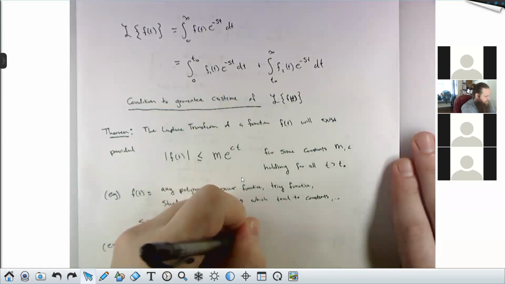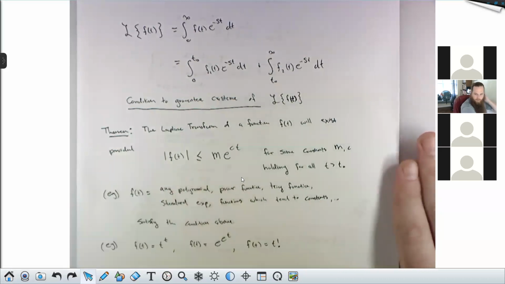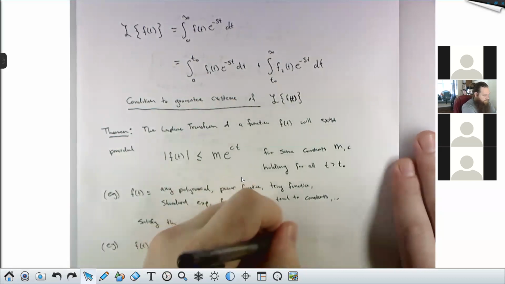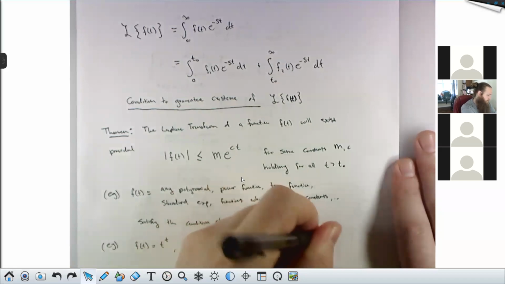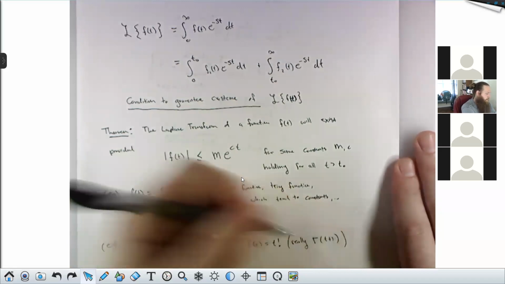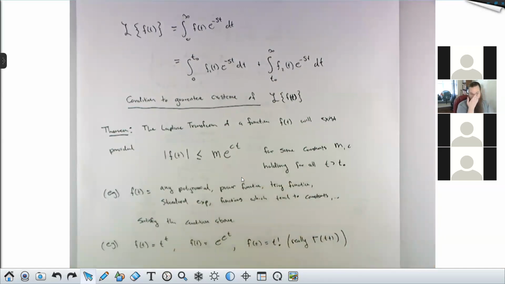Gamma of t, right? F of t equals, I'll just write it as t factorial, why not? Really what I mean here is gamma of t plus 1. These are functions that are not of exponential type. They all grow too fast. These grow so fast that the Laplace transform for them would not exist.